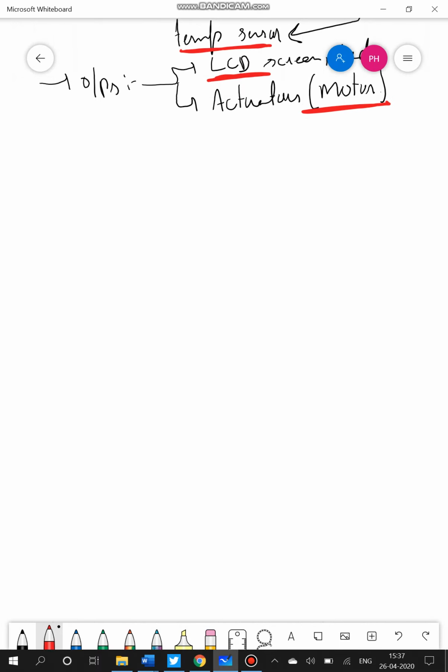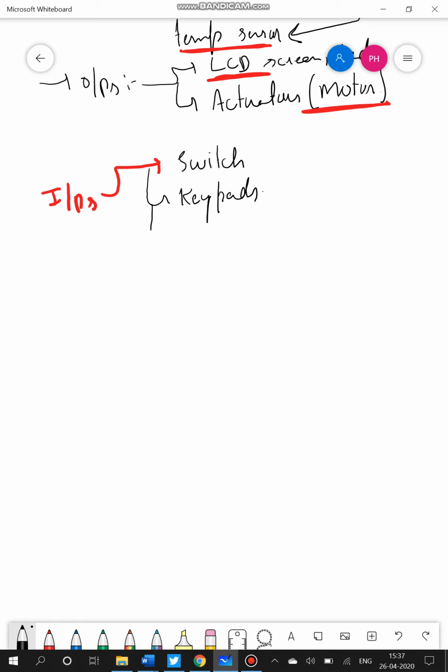We will be starting with input devices, and we will be starting with the simplest of input devices, and those are switches. And then we'll be moving to keyboards, keypads. We'll also be discussing interfacing of sensors to our microcontroller, sensors or transducers.